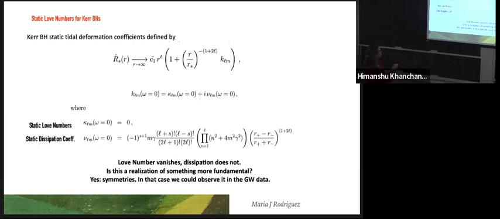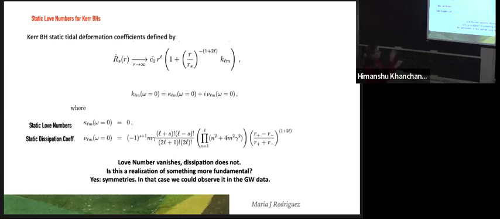And we see that the real part of these coefficients becomes exactly 0. It's not that there's a cancellation; they are 0 because these coefficients become purely imaginary. And whenever you see a 0 in physics, this is a super interesting point. So the question was, how can we explain that the static love numbers are 0? However, as I say, there's a definition here.